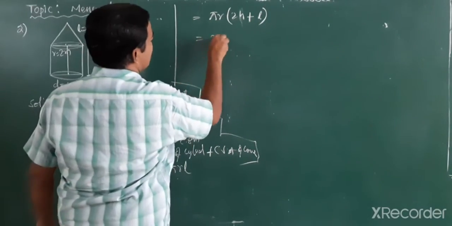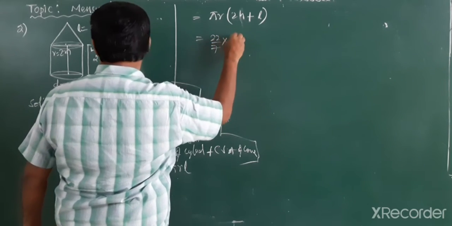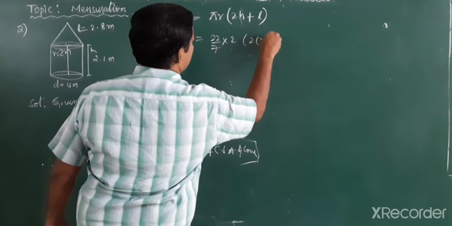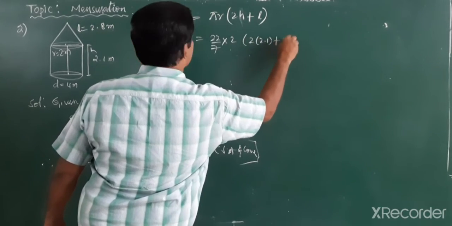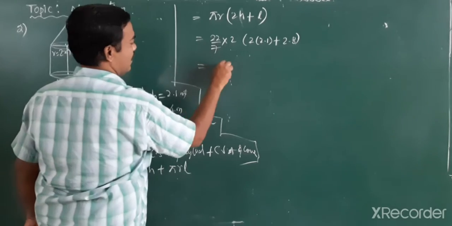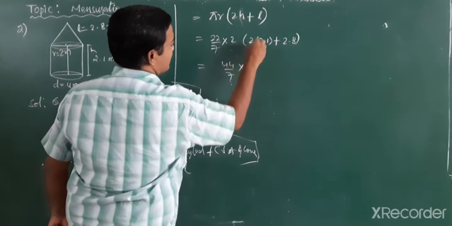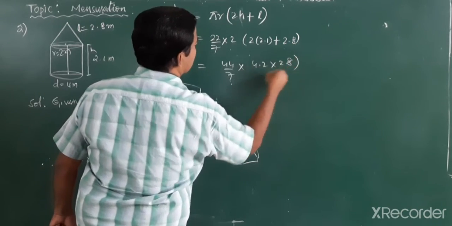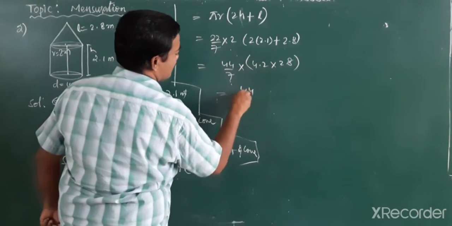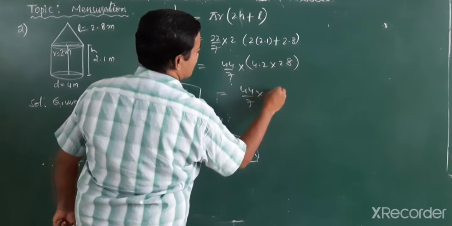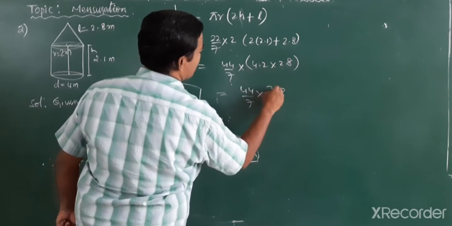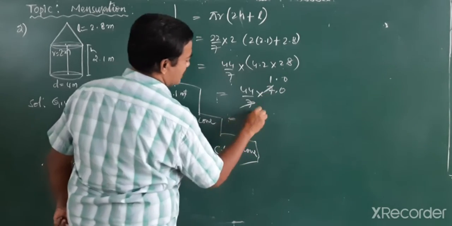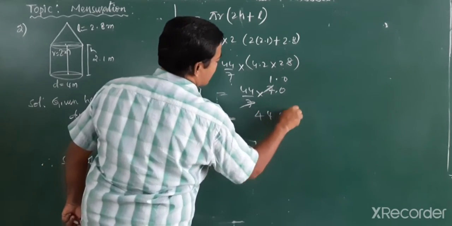Now pi means 22 by 7, r means 2, into 2h means 2.1 twice plus l means 2.8. 44 by 7 into 4.2 plus 2.8 is equal to 44 by 7 into 7.0, which gives 44 meter square.